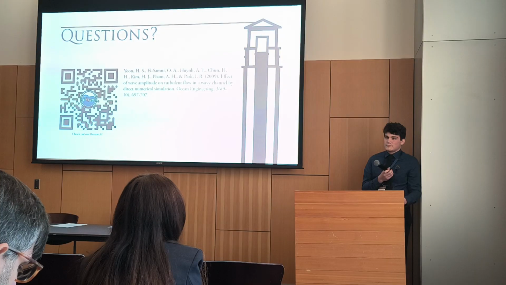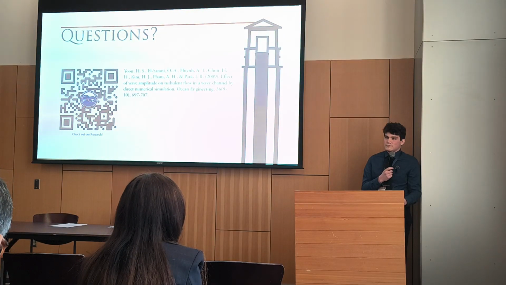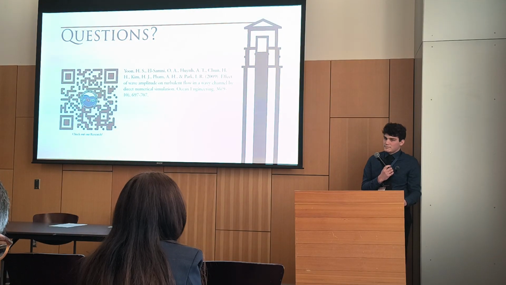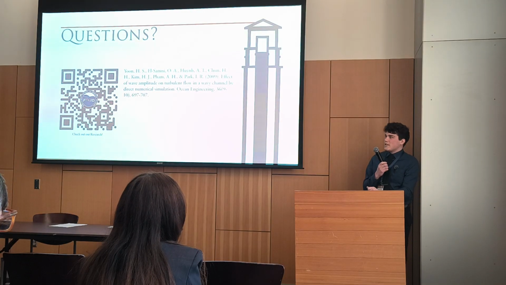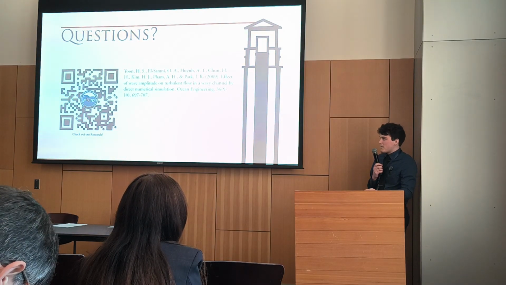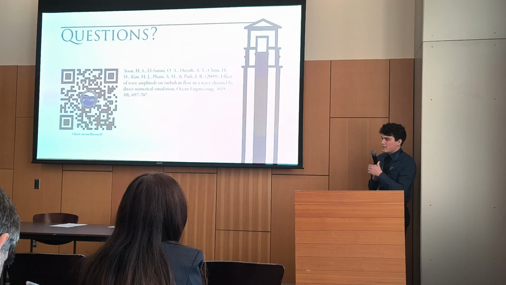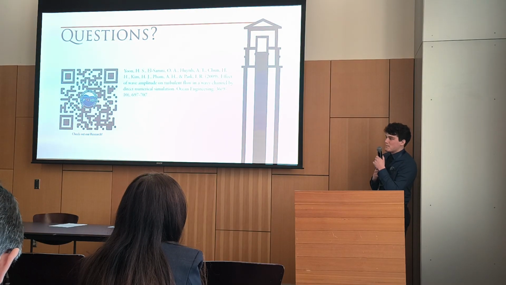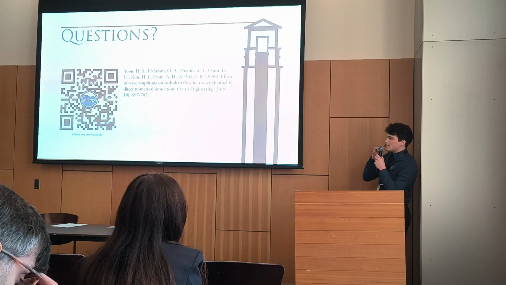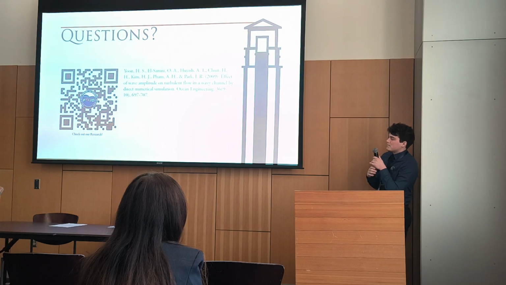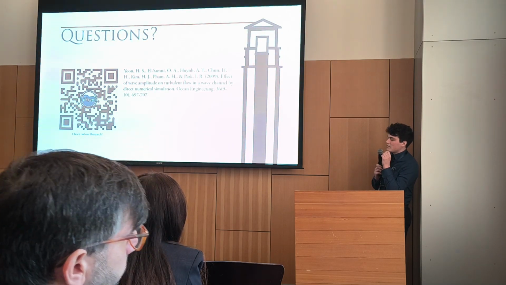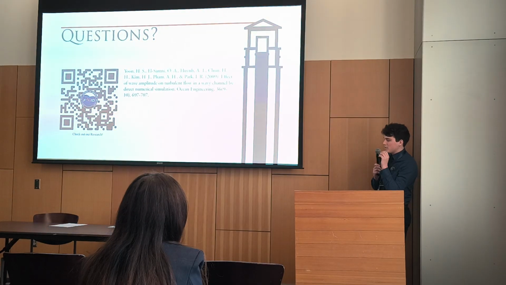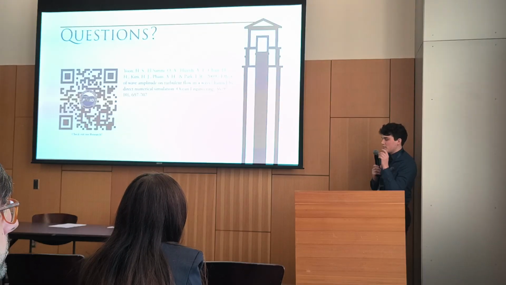Why do you think your results are not matching? Because they're both DNS, right? Yes. Well, it's not fully time averaged. First of all, that could be resulting in some, but also the way they describe their bulk velocity is slightly different than what we did.